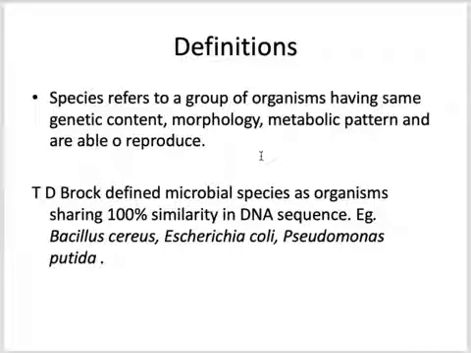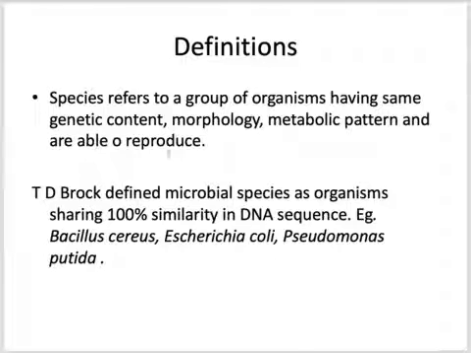All the E. coli should have these similarities, all the Vibrio cholerae bacteria, like all the donkeys, all the cows, all the goats. All members of the same species should have similarities in genetic content, morphology, metabolic pattern, and be able to reproduce.